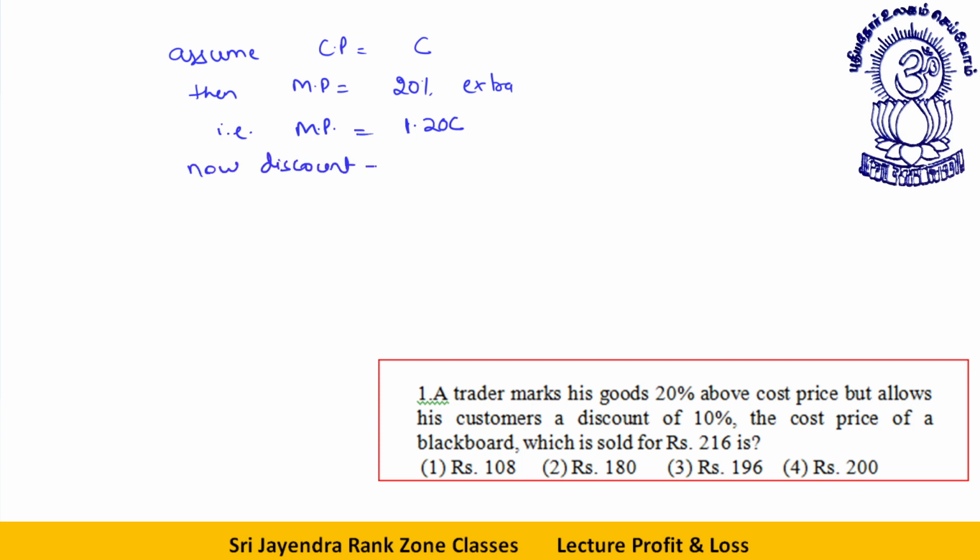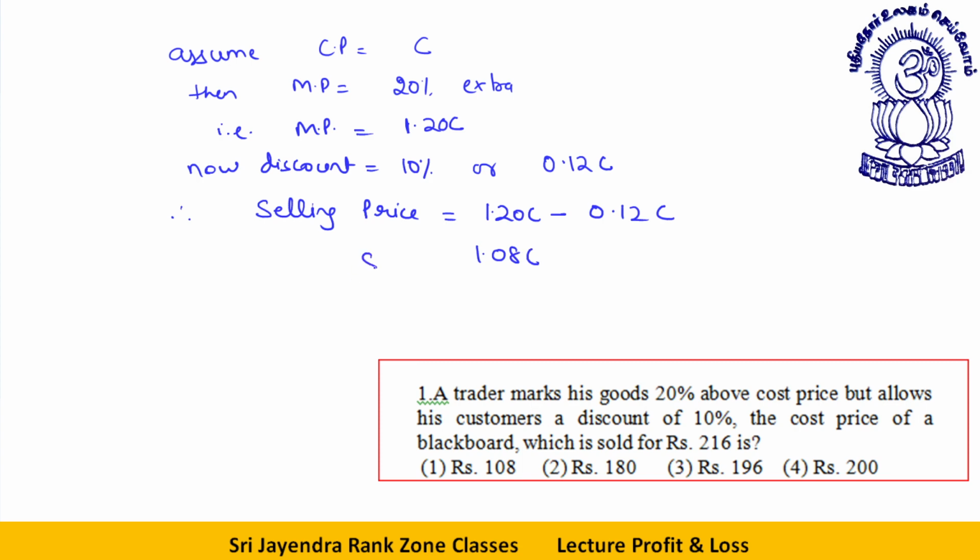Now discount offered is equal to 10% or 0.12C. This is 1.20C. Therefore, what is the selling price? Selling price will be 1.20C minus 0.12C or 1.08C. Selling price.